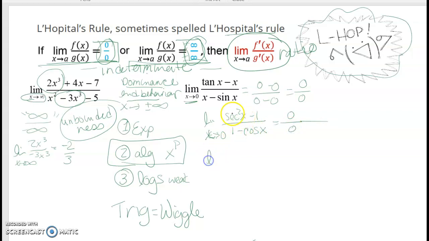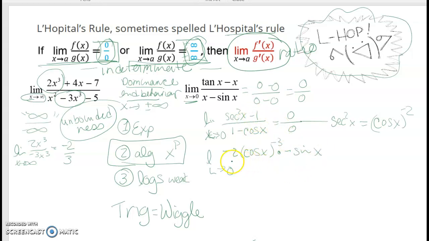I don't have these memorized, so I'm going to think of secant squared x as cosine x to the negative 2. So now I'm going to look at my limit. We are at negative 2 cosine x to the negative 3, chain rule, times negative sine x.